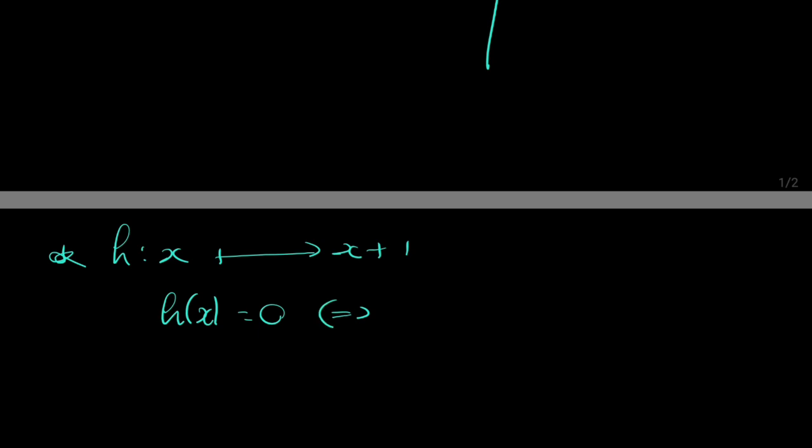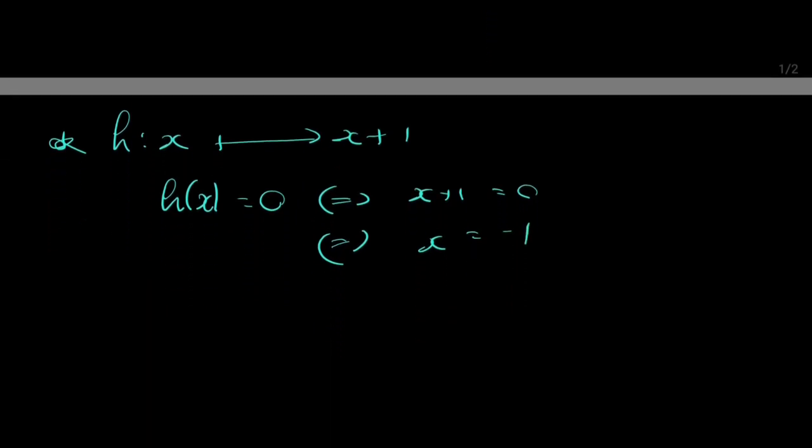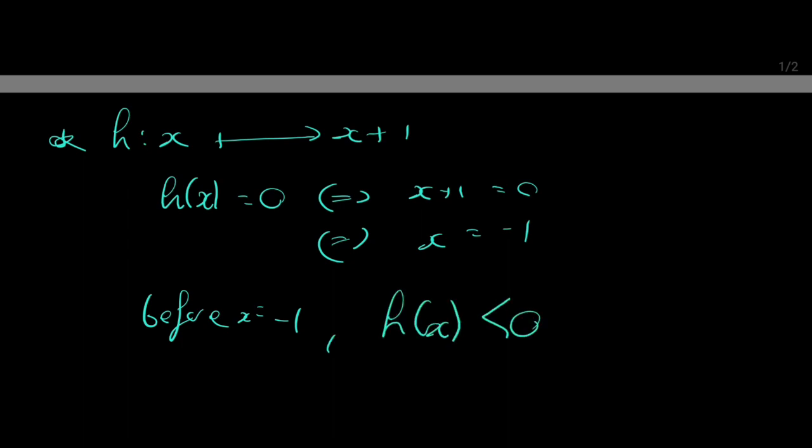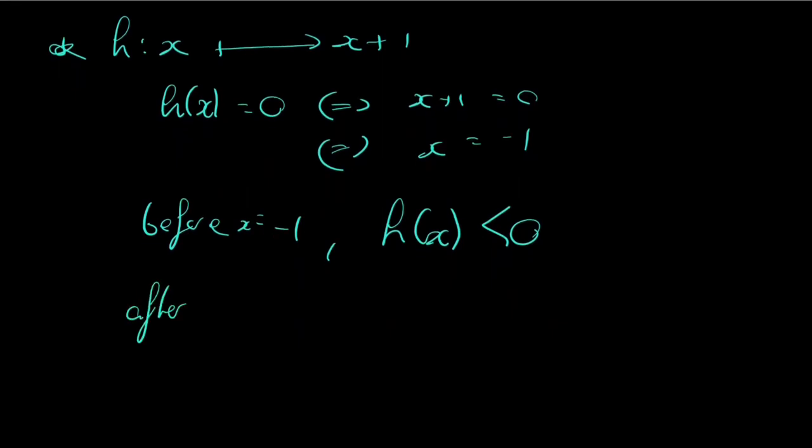This is equivalent, as we said earlier, to x plus 1 is equal to 0, which is equivalent to x is equal to minus 1. Before minus 1, h of x will be negative, and after x is equal to minus 1, h of x will be clearly positive.